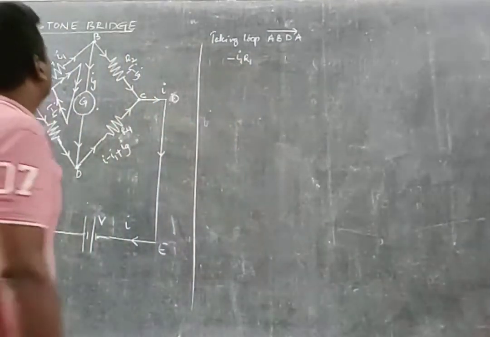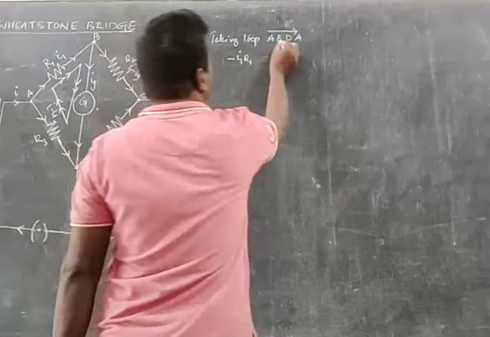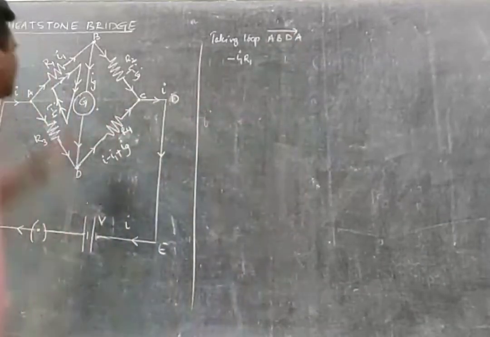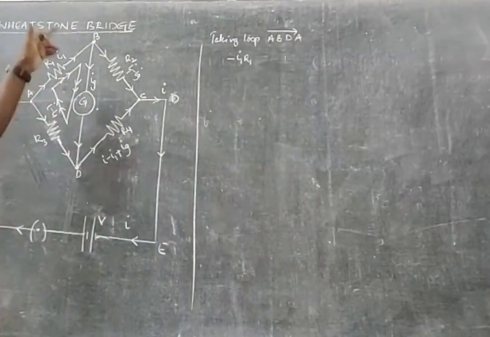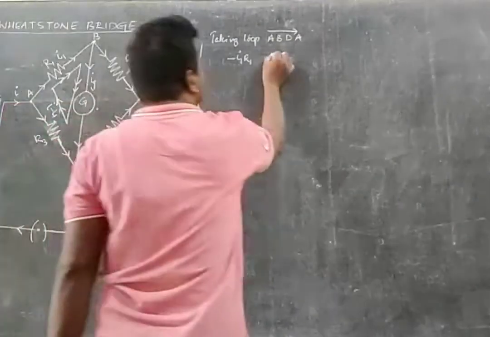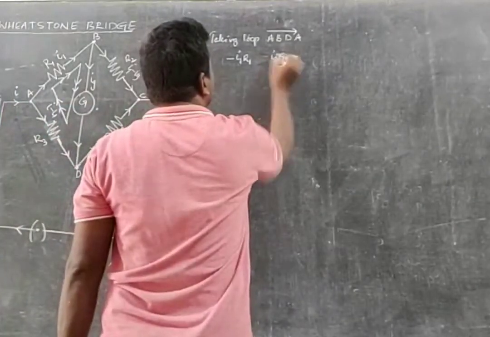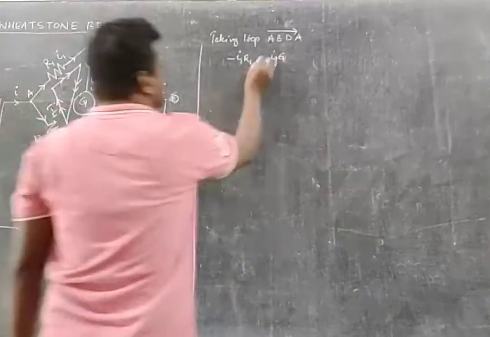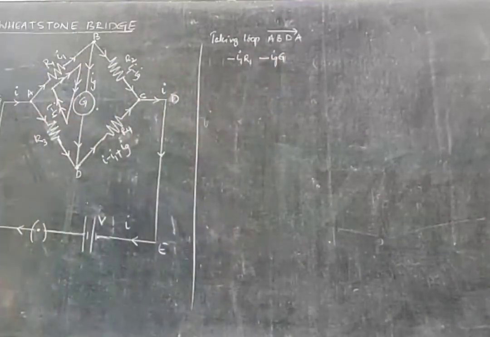Right? Now from A to B done, from B to D, the potential is Ig into G, and again they are in the same direction, so negative.